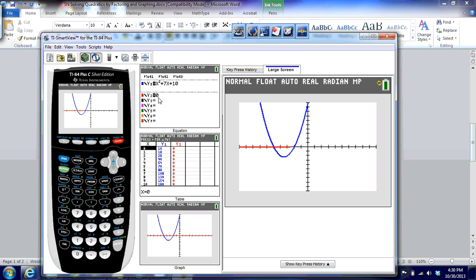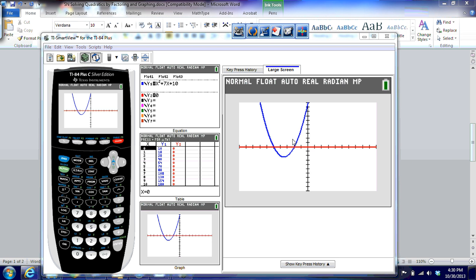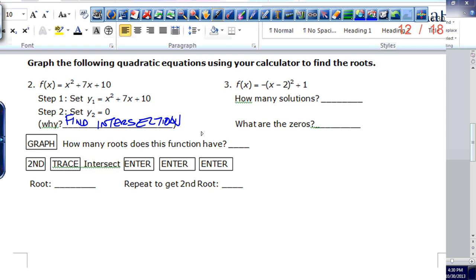So once again, we need to be sure that we have y1 there and our y2 is 0. Yours probably won't have 2 colors unless you got a fancy color calculator. You can probably barely even see the y2 being equal to 0. How many times does it cross the x-axis? It crosses 1 and 2. So that means my first answer right there is 2.